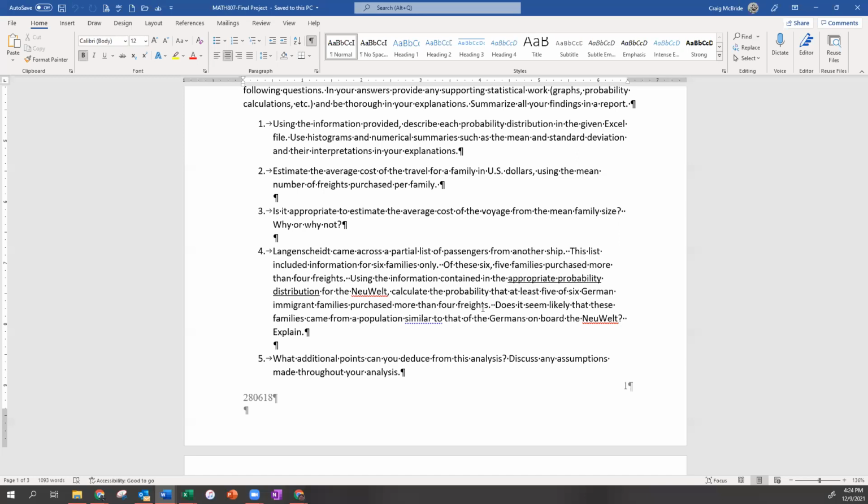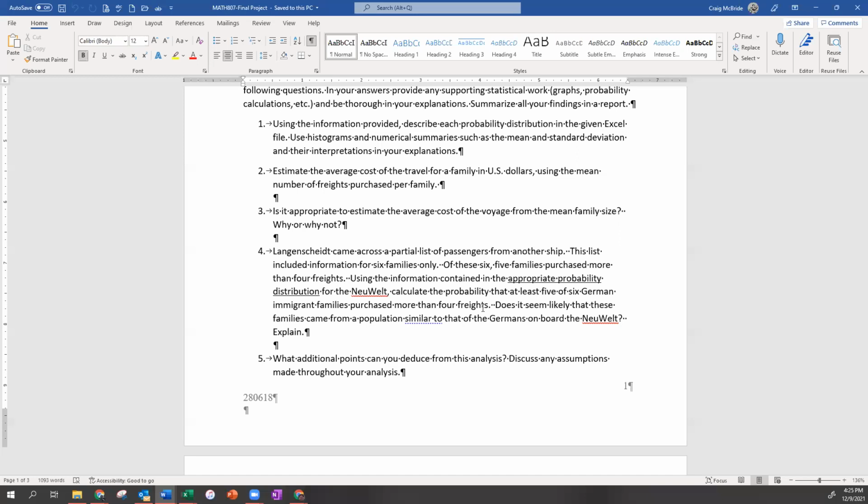Now, based on that, all you have to do is calculate the probability that out of a sample size of 6, i.e. your n is now 6, since for a binomial n is your number of trials, at least 5 of them bought more than 4, i.e. at least 5 of them had a success.